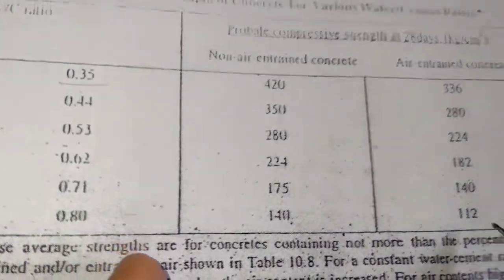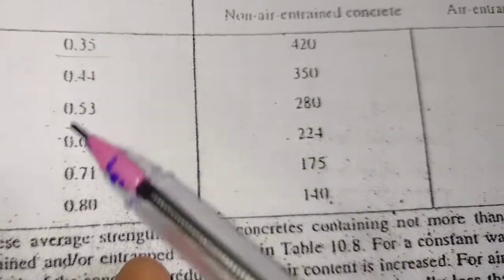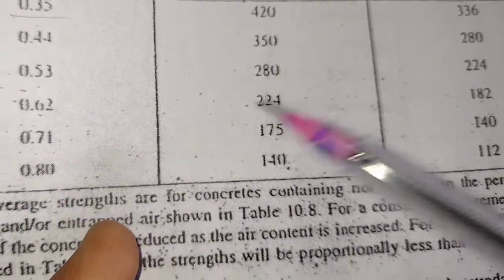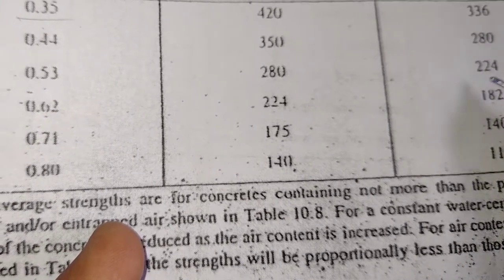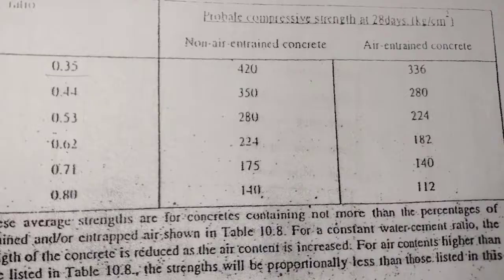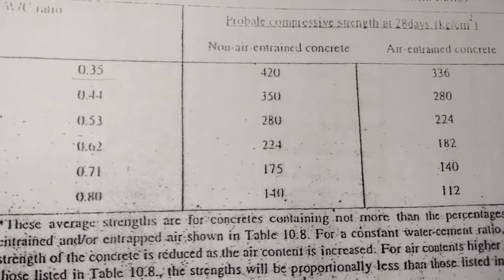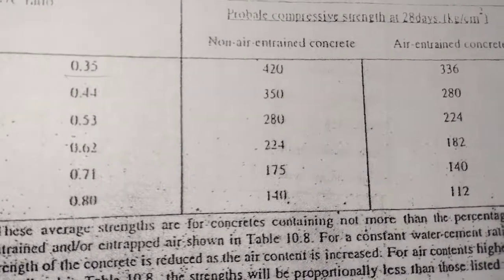If the value is in between any two ranges, we will do the interpolation. I will also explain that method. So from table 10.16 I have got the water cement ratio from strength considerations.